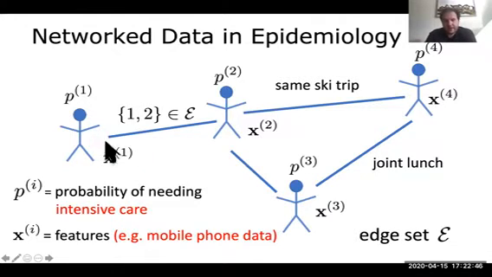So how can we learn or infer this probability of needing intensive care, so these hidden quantities, based on the features that in principle we can observe or measure easily? And we will devise a method or an algorithm that estimates these probabilities of needing intensive care based on the features of persons and on the similarity relations between different patients.